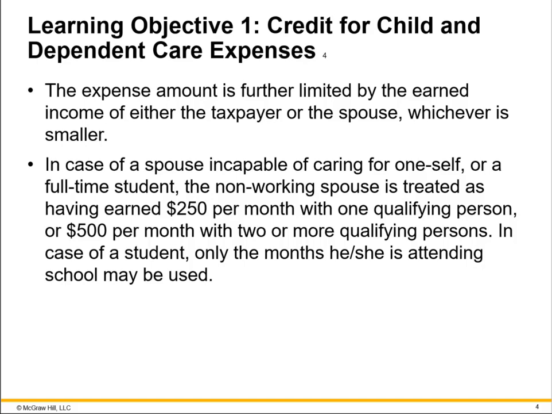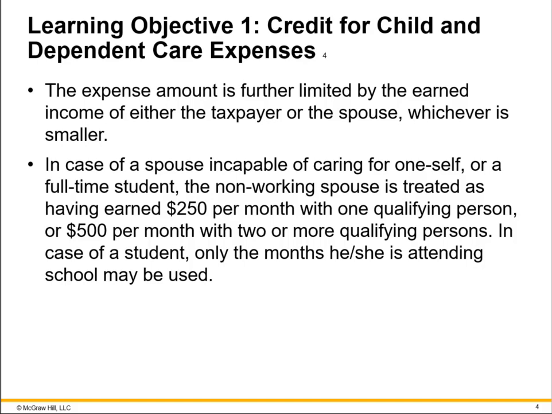So they are actually a qualifying individual for this. We're going to treat that second spouse, who is going to school and not earning income, as if they had earned $250 per month that they're in school, not the months they're not in school.